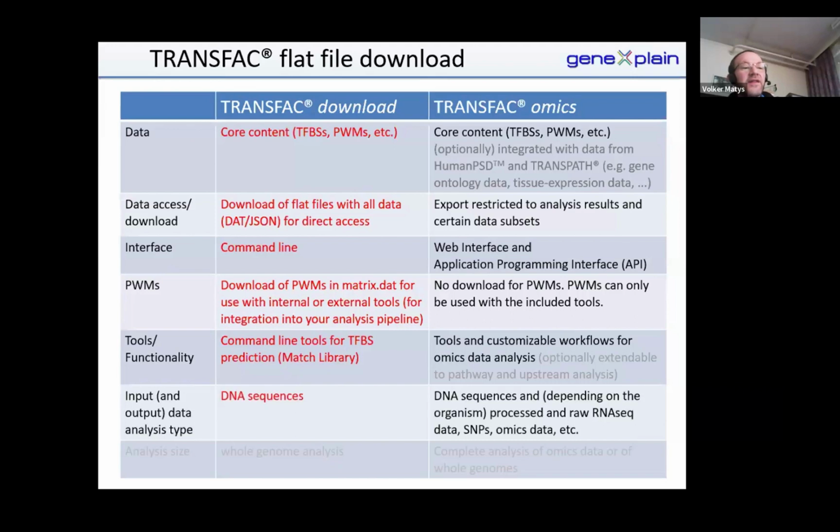When you're in the download version, which Camelia will show you, you need to submit the data for analysis in the form of DNA sequences, while in the online version you can also submit lists of genes. Depending on the species, you can submit a list of genes and then extract the promoter sequences for analysis automatically.